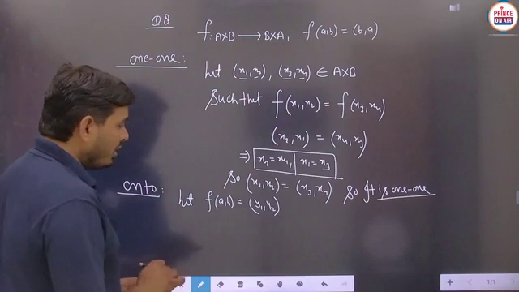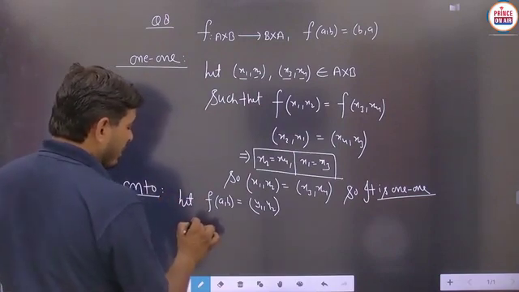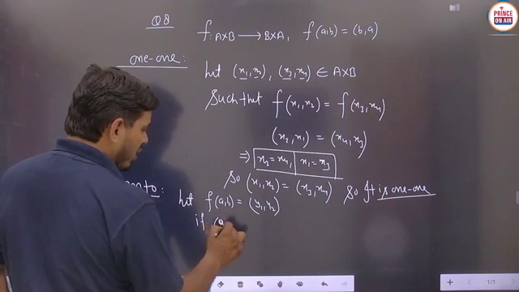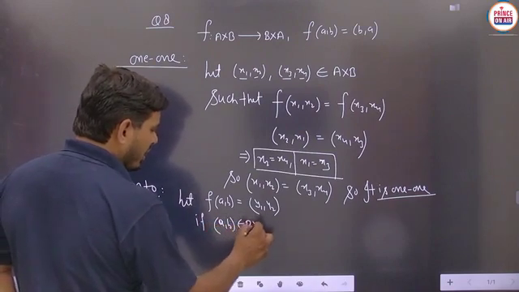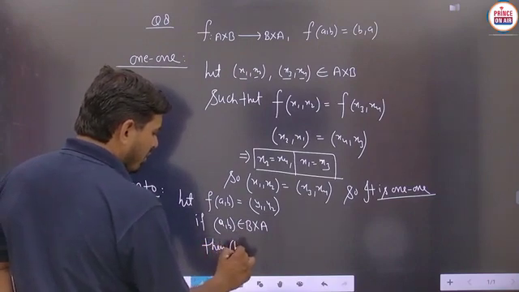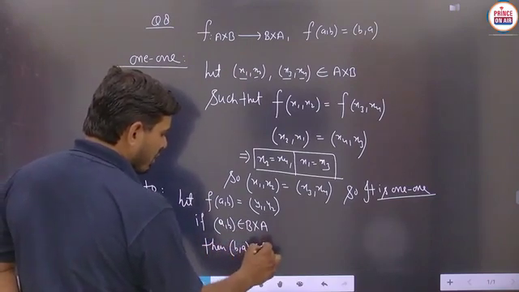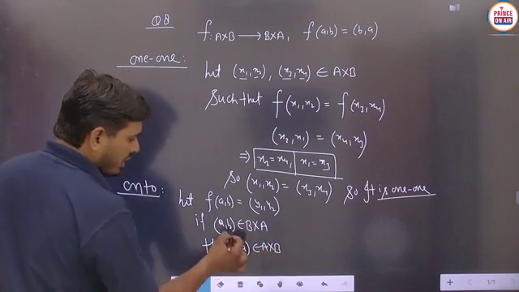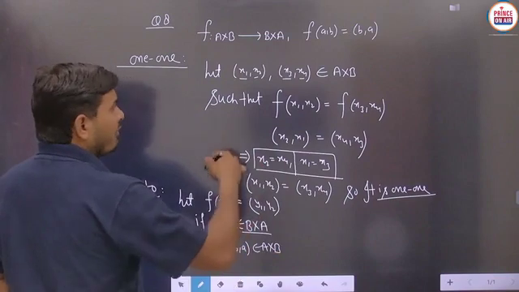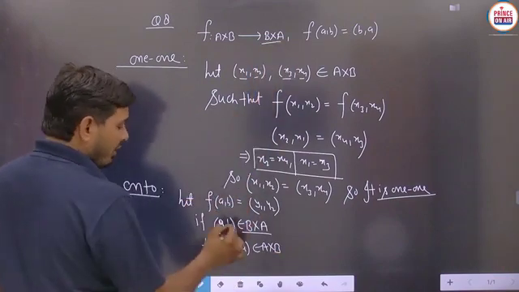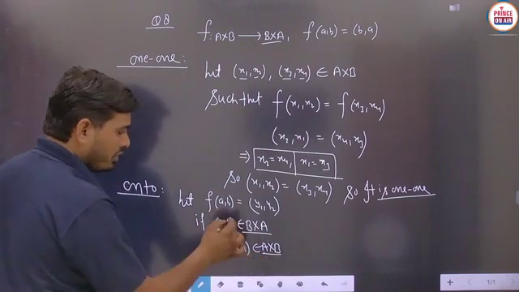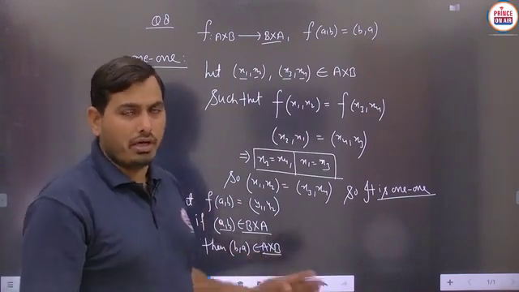Now, if y1 comma y2 belongs to B cross A, then will B comma A also belong to A cross B? If this ordered pair belongs to B cross A, any ordered pair we take in the codomain, then definitely its counterpart will be found in the domain.